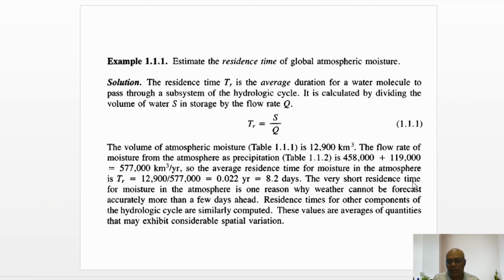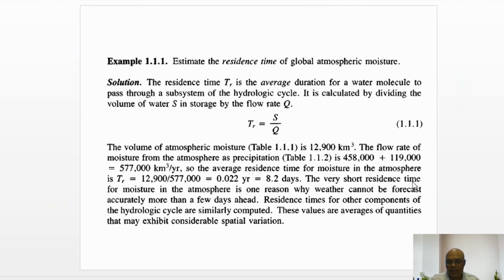When we consider the residence time of atmospheric moisture, the storage of water in the atmosphere is equal to 12,100 kilometer cube. But the water molecule comes into the atmosphere as evaporation from land as well as evaporation from oceans.